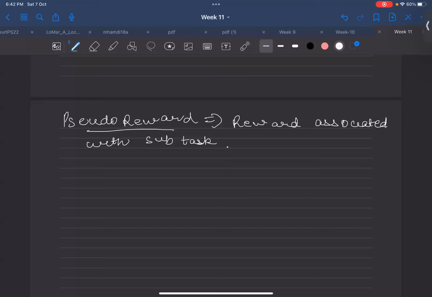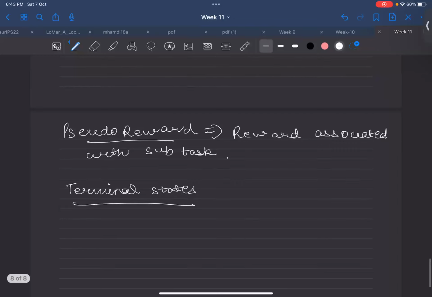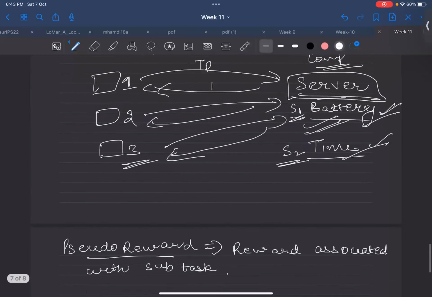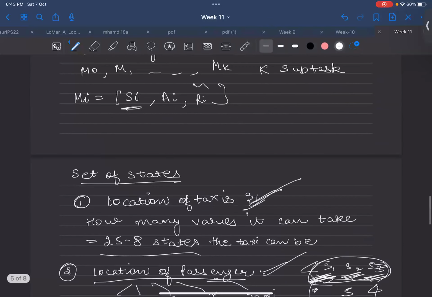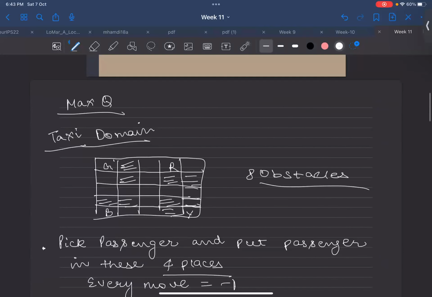Yes. Okay, let's see. So what are my terminal states? In this example, like R, G, B, are they the terminal state for each subtask?